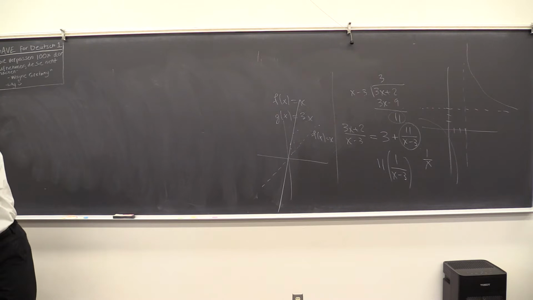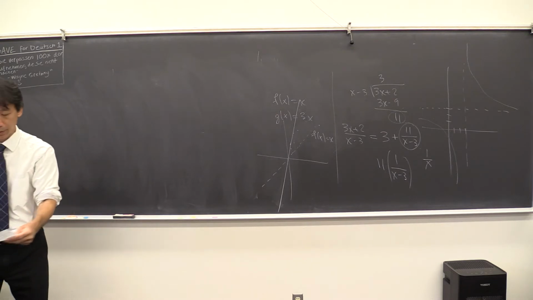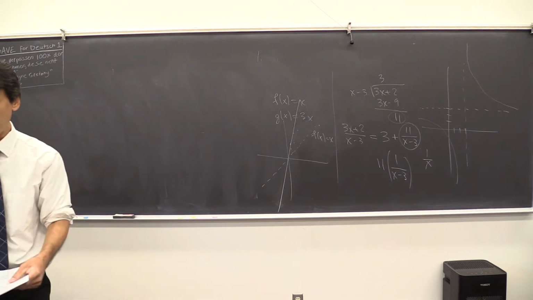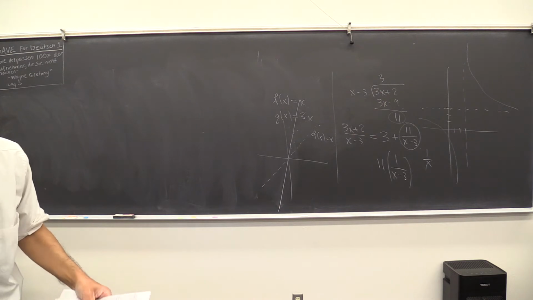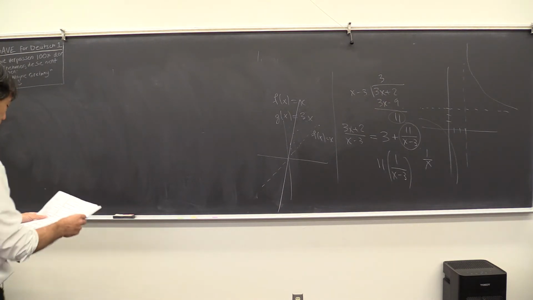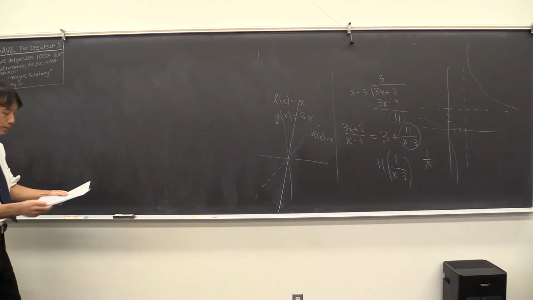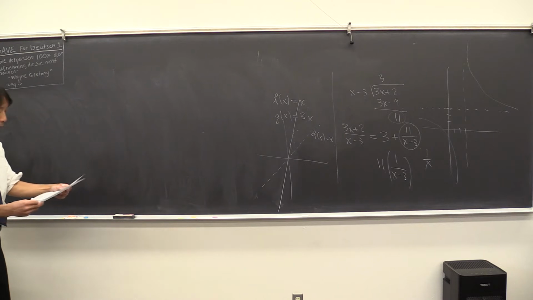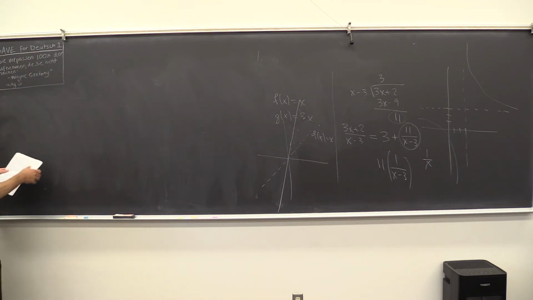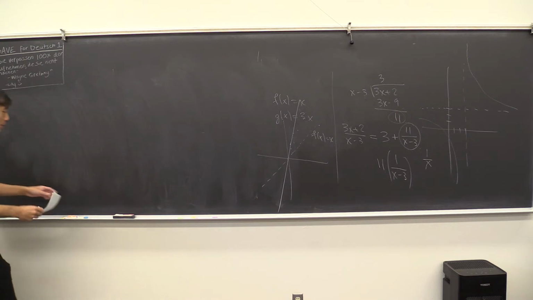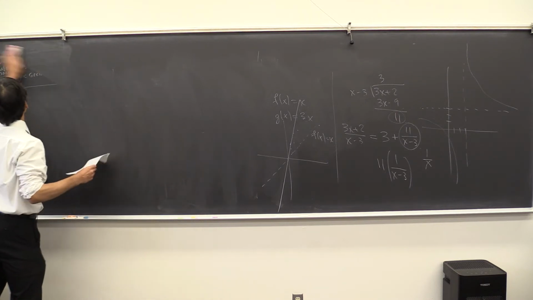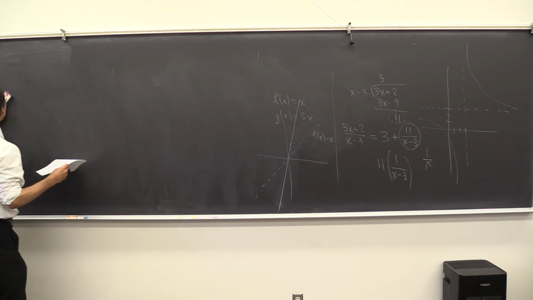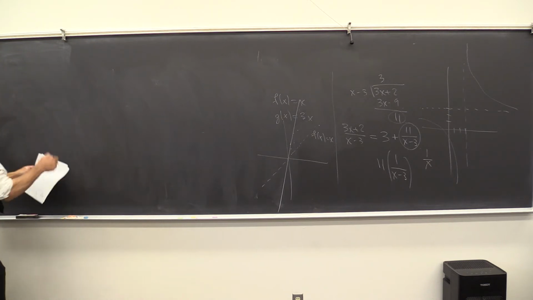So all this stuff that we did. Remember, we also did asymptotes, vertical and horizontal asymptotes. All this stuff we did is to do some graphing of rational functions. So, for example, I'm just going to erase this. Sorry. Okay.